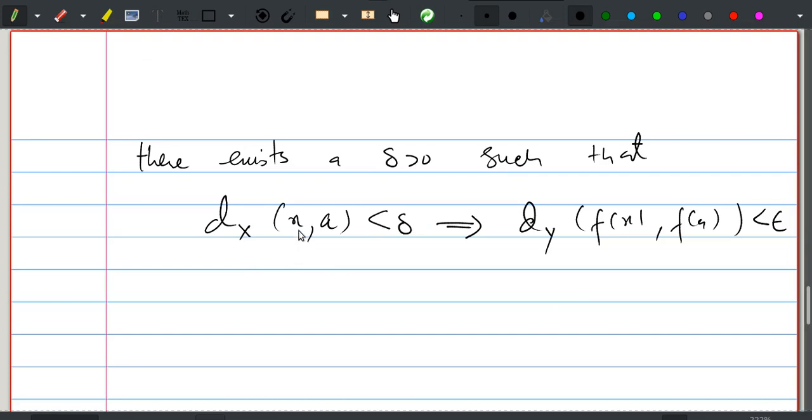Now if this is true, this implies this x belongs to the open ball which is centered at a and radius delta.